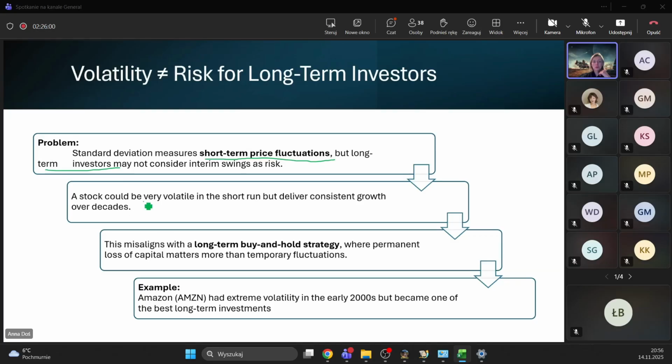So it is possible that the stock is very volatile. However, it will deliver the growth over the long term. So if we have a long-term strategy, then the permanent loss of capital matters more than the temporary fluctuation. So, for example, Amazon had extreme volatility in 2000s, but then it became very good performing investor.